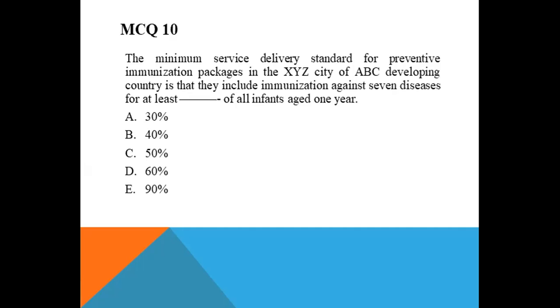E will be the correct option. As I already mentioned in the various promotive and preventive services of the minimum service delivery standard packages given by Punjab, there should be at least 90% coverage of immunization against 7 diseases for all infants of age 1 year. Therefore, E will be the correct option, 90%.